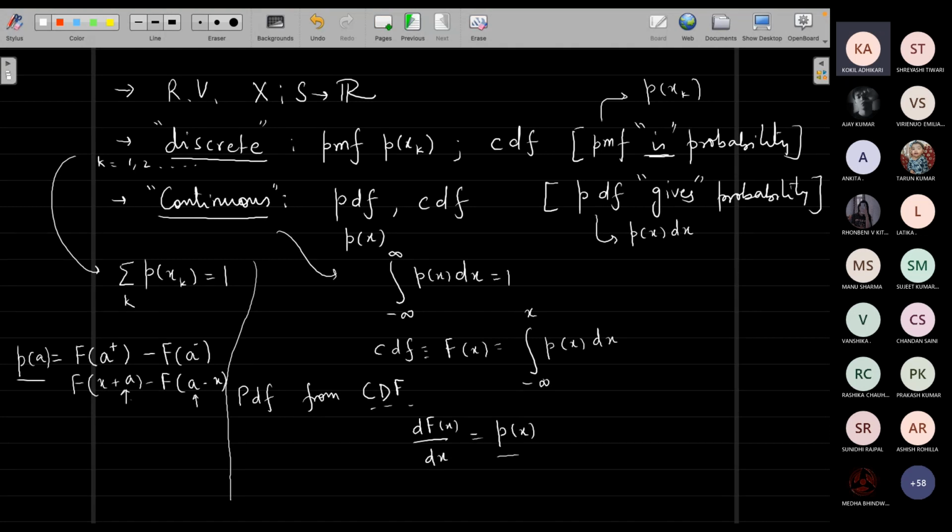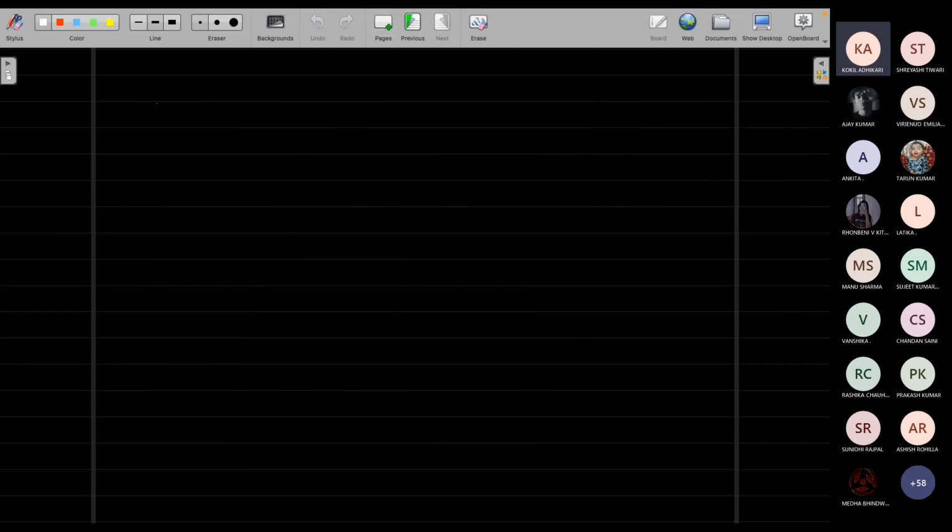One thing which is clear from the discussion is that we have X, the random variable, another function which is some sort of PMF or PDF, and the third function which is F(x). Generally, we are given the probability distribution of a random variable.